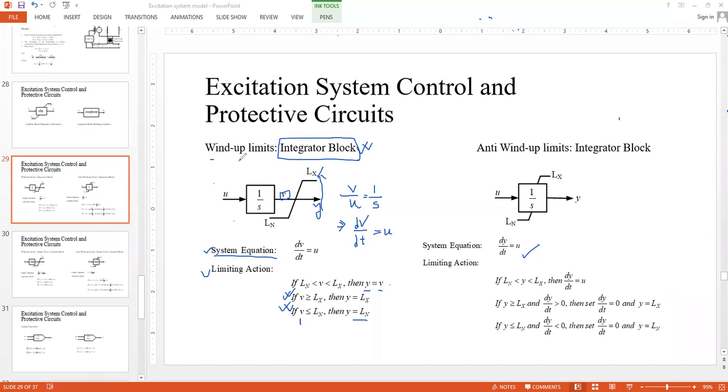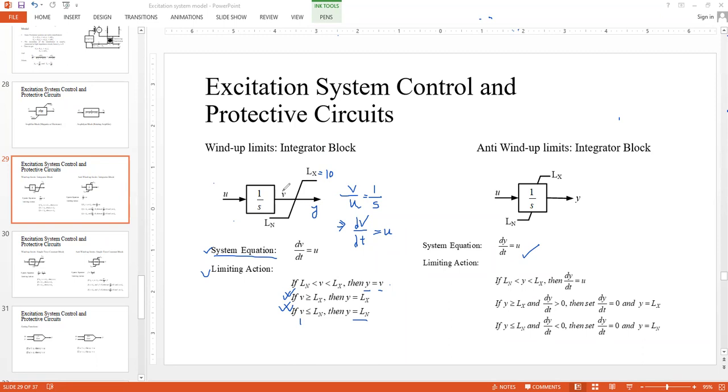So this is the wind up limit. In the wind up limit, what happens? Because we are allowing V to go to a very high value, let's say Lx is, for example, 10, and this is Y. Let's see what this block does.